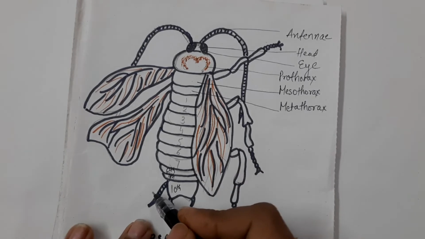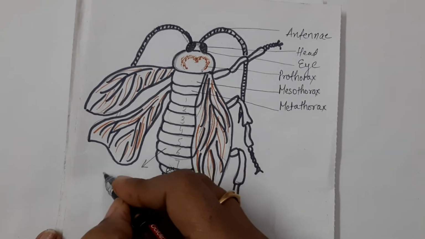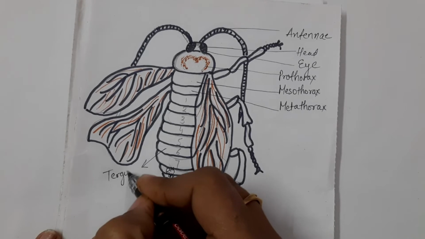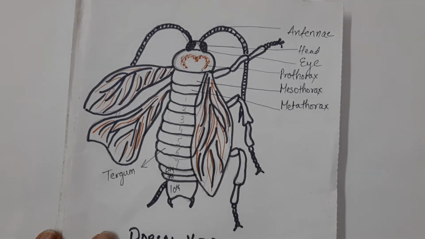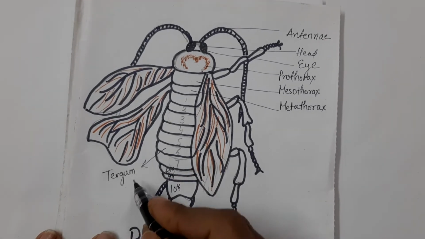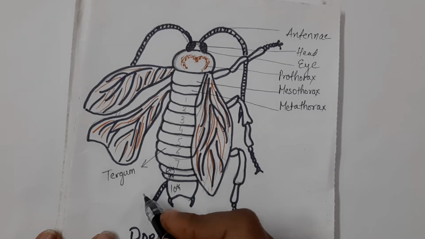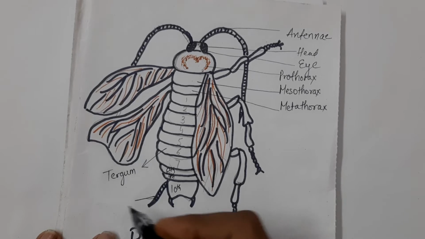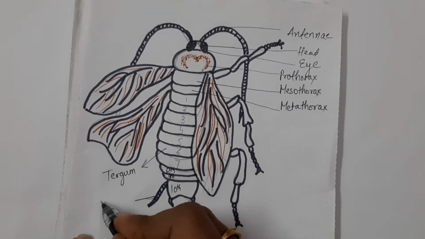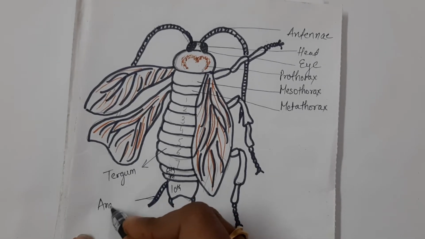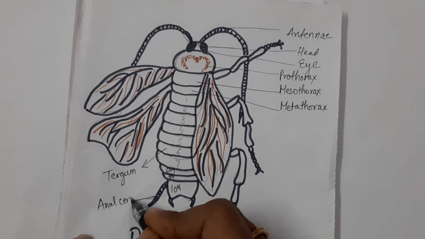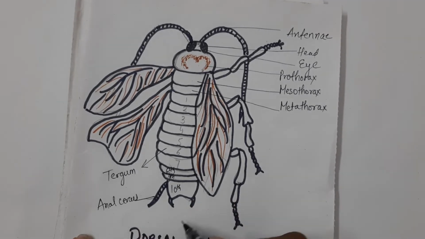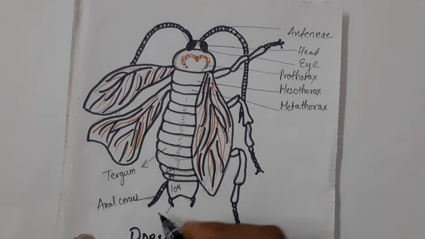Then here is the tergum. Near the 8th, 9th, 10th, you can see this projection. This projection is the anal cerci. This one is the anal style.